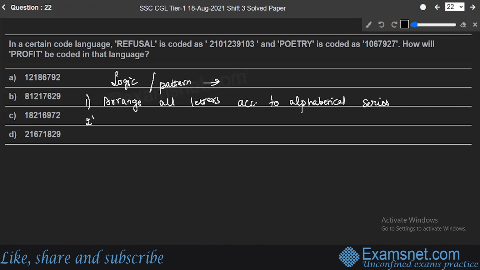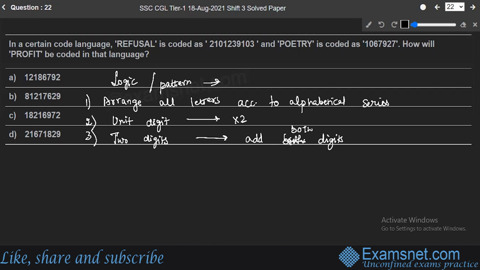Okay. Second thing, if the alphabetical place value is a unit digit, then you simply multiply it with 2, right? If it's having 2 digits, then you will add both digits.